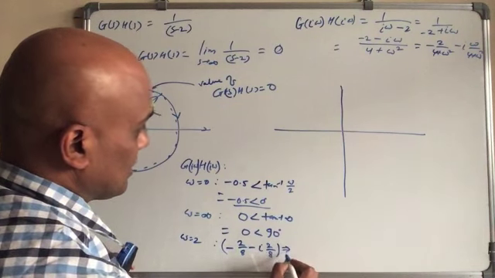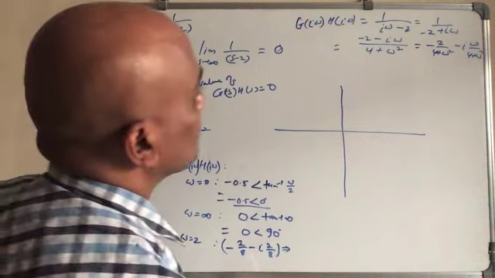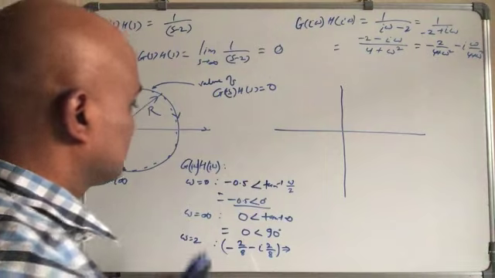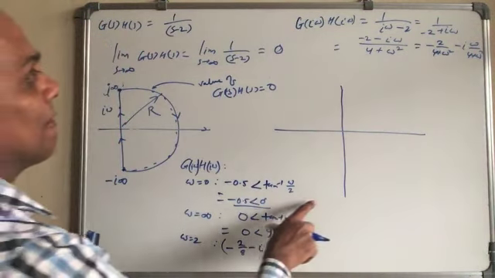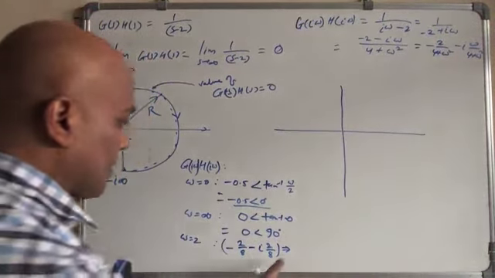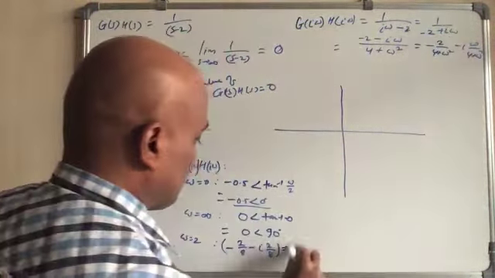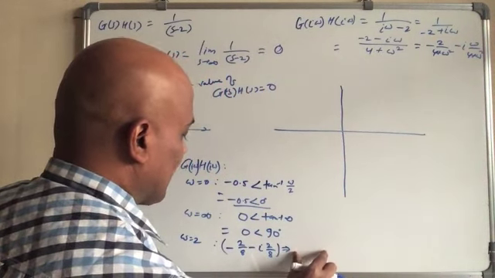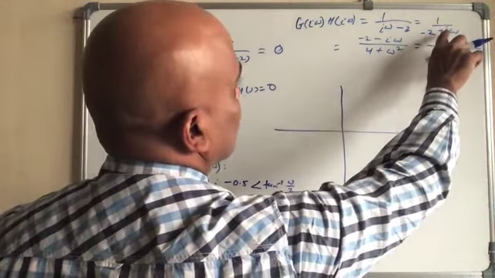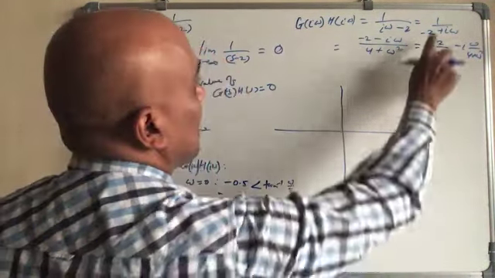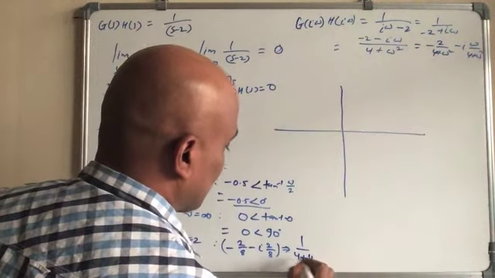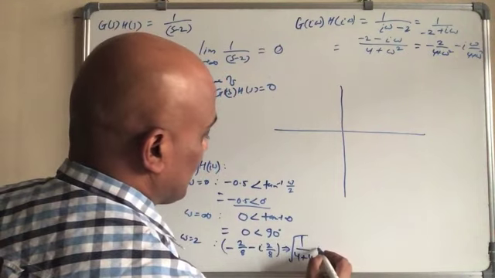That really means we can write in terms of the radius basically, and the radius will be 1 over the square root of (4 plus ω squared), which is 4, and tan inverse.